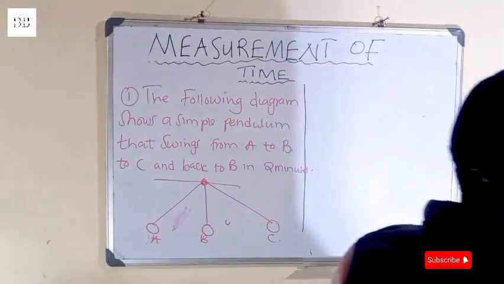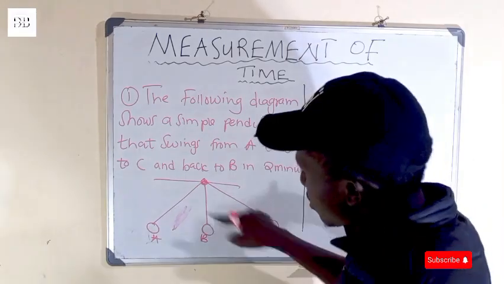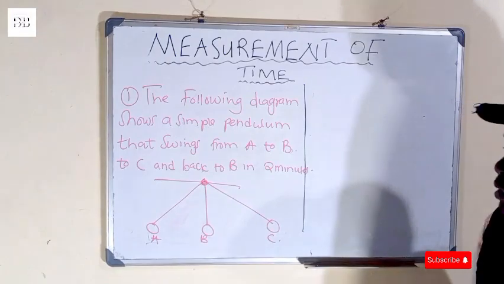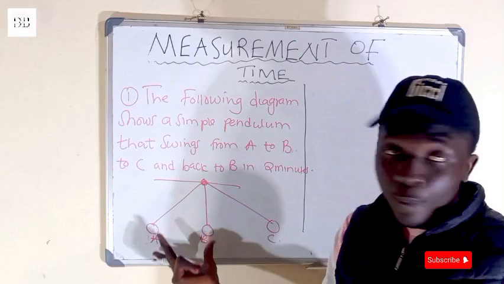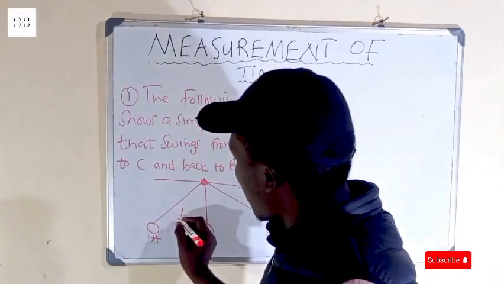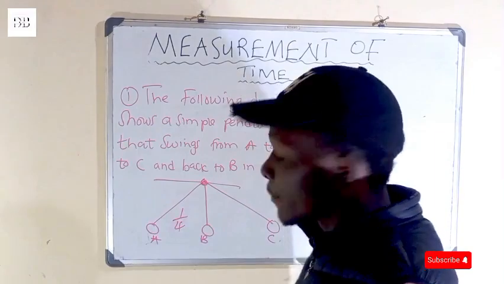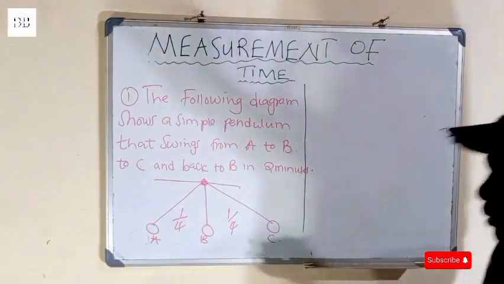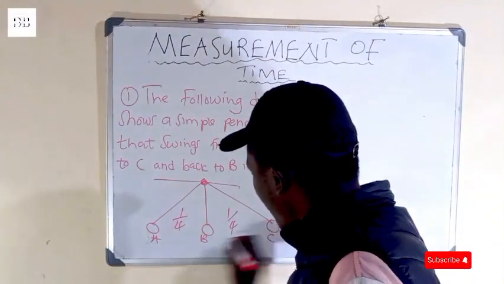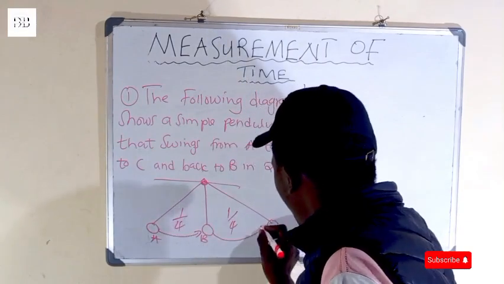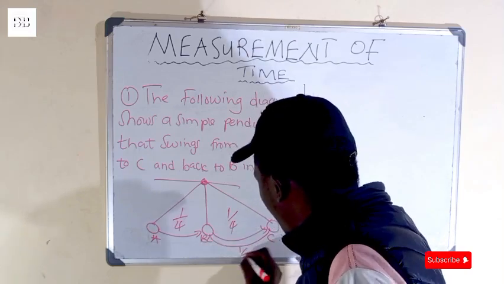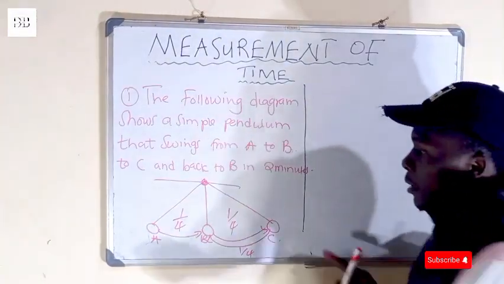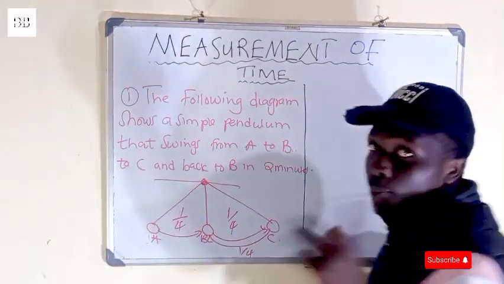So when we have a diagram like this, we can see that the distance between 2 points of this pendulum is a 1/4. This is also 1/4. So you must understand that whenever a pendulum moves from one point to another, it will always have a distance of 1/4. But if you have the whole of this length, it will be a 1/2.